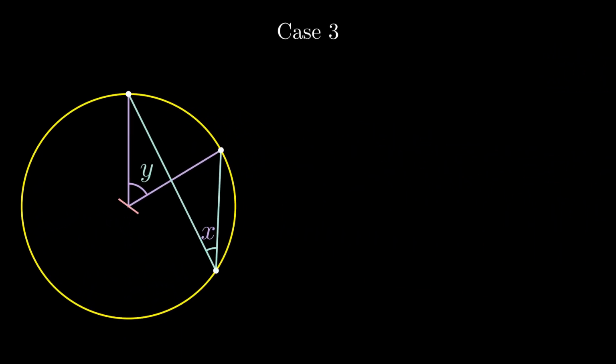And moving on to case 3, let us unite this lower point with the center of the circle and form this diameter. Let us denote the angles formed with z1 and z2, and the sum x plus z1 I want to denote with alpha 1, and we will also denote by alpha 2 the sum z2 plus y.